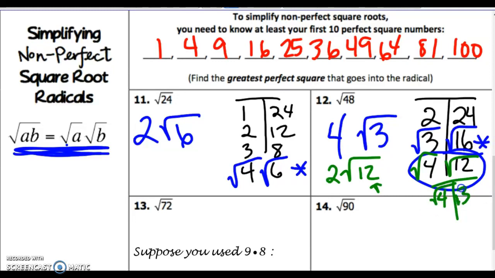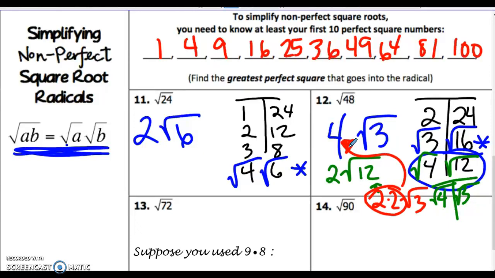So I could pull out another square root of 4, which would make 2. If I do that, then I have my original 2 times 2 square root, the 3 is left. If I multiply these two together, they give me the 4. So, does it give me the same answer? Yes, it's just a longer process that sometimes people miss.